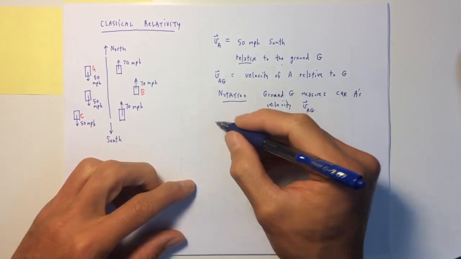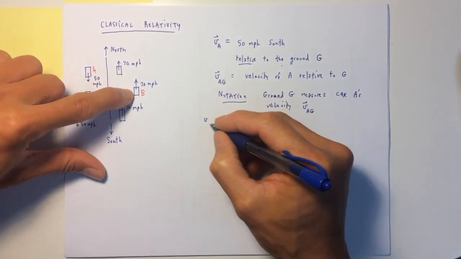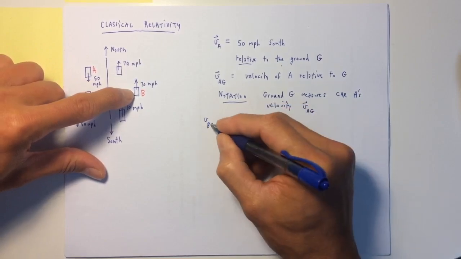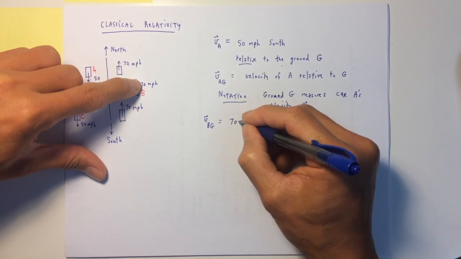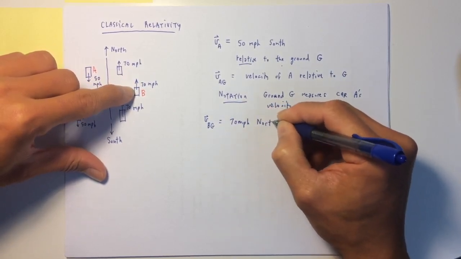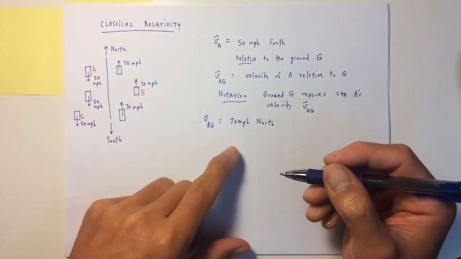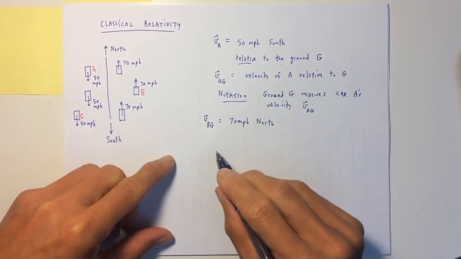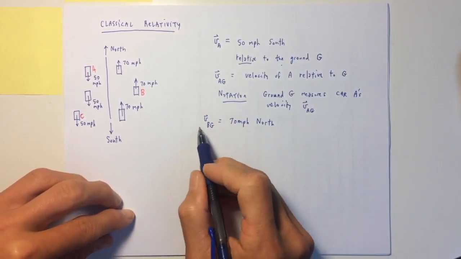Another example is the velocity of car B relative to G, which is 70 miles per hour towards the north instead. This is kind of simple, right?